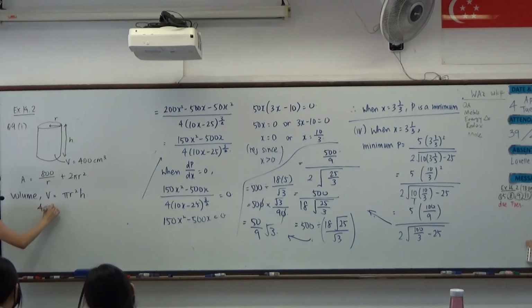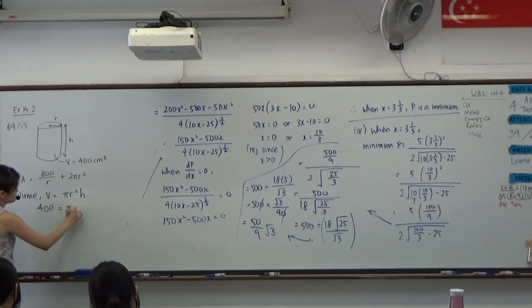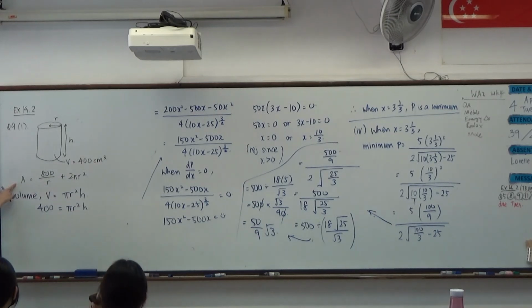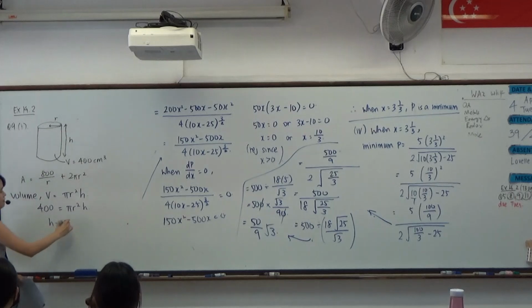Our volume is given to be 400. So 400 equals pi r squared h. Notice that our area is in terms of r, there is no h. So that means I would eventually need my h to be in terms of r, which we can get as 400 over pi r squared.